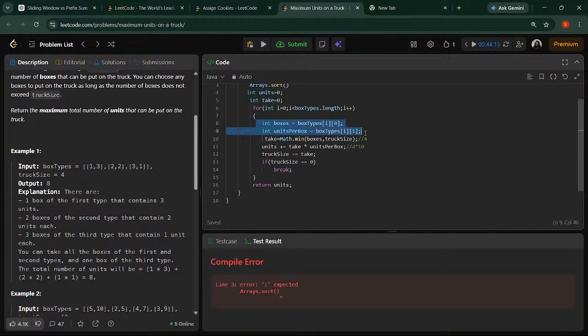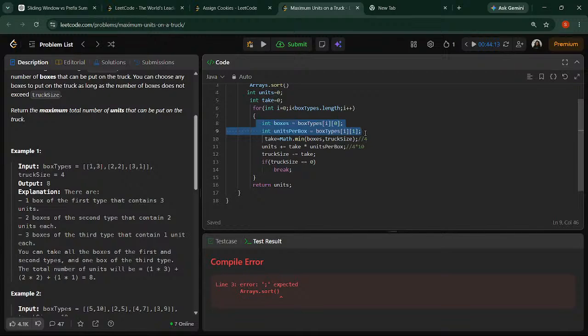Take the 3 capacity. Now my units will be 3 into units per box. I will take 3. Okay, wait. My truck size is 1. I should take 1. Actually, pen and paper always works. I will have to take the 1 only. I can only take 1 box.